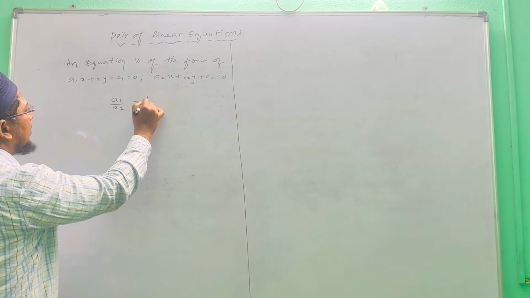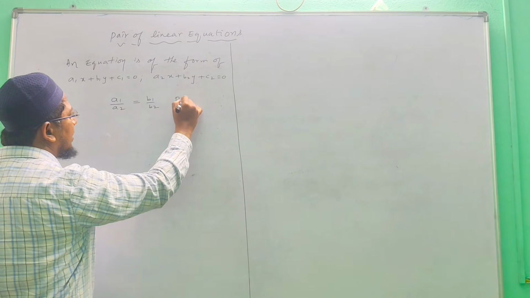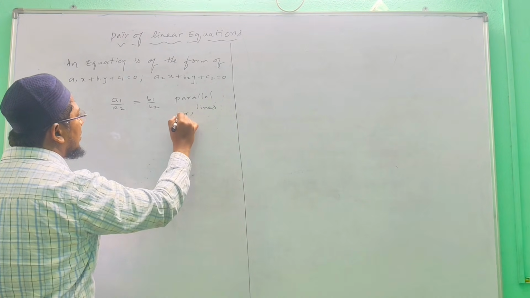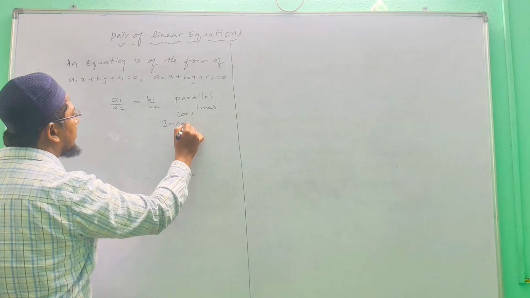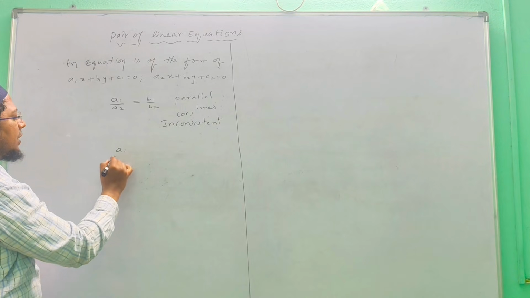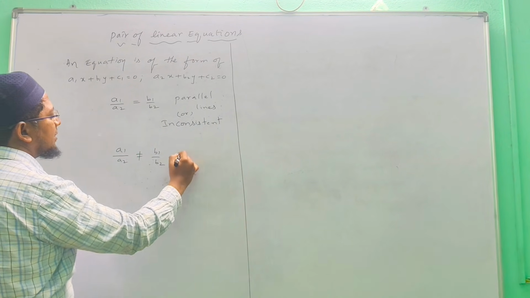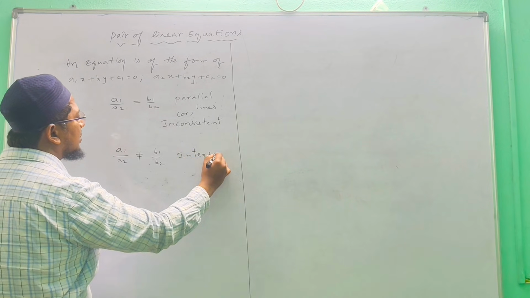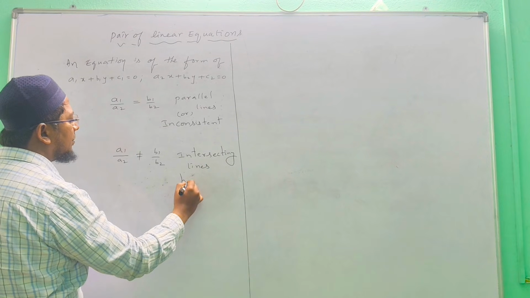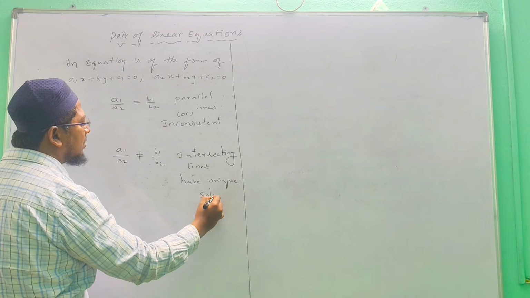If a1 upon a2 equal to b1 upon b2, we say that parallel lines are inconsistent. If a1 upon a2 not equal to b1 upon b2, intersecting lines have a unique solution or consistent.